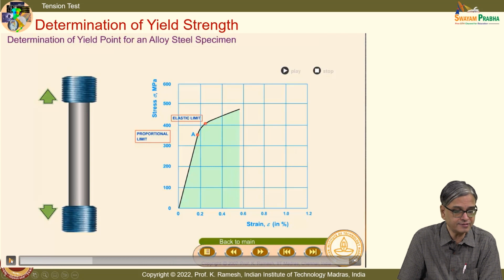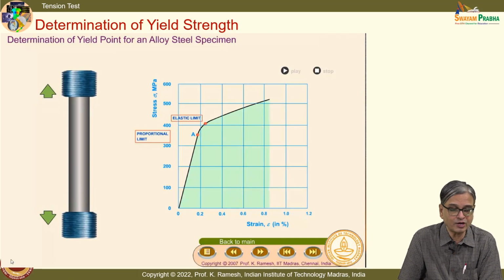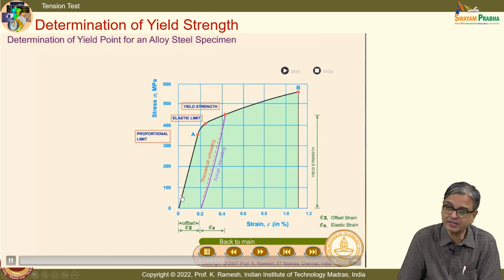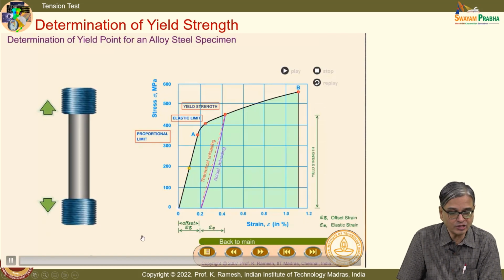Now I want to find out the yield strength. The standards say you draw a line at 0.2% strain, parallel to this initial curve, and this dotted line hits the curve here.